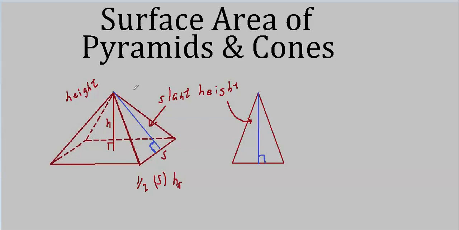So all we have to do for this regular square pyramid is take the area of the triangle, multiply it by 4, because there are 4 of them, which are all congruent, and add the surface area of the base, which of course would just be s squared.